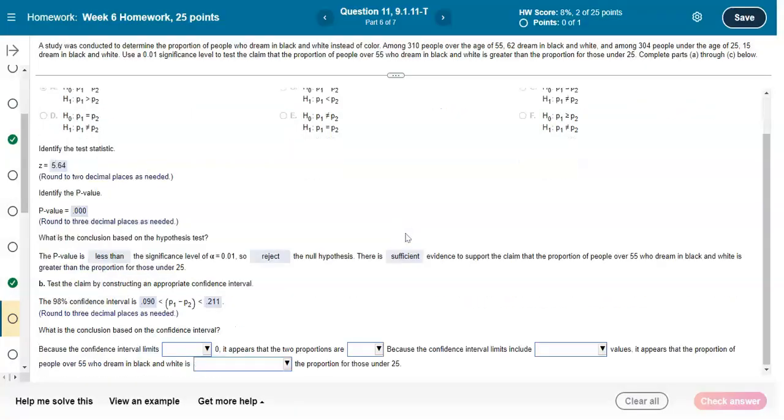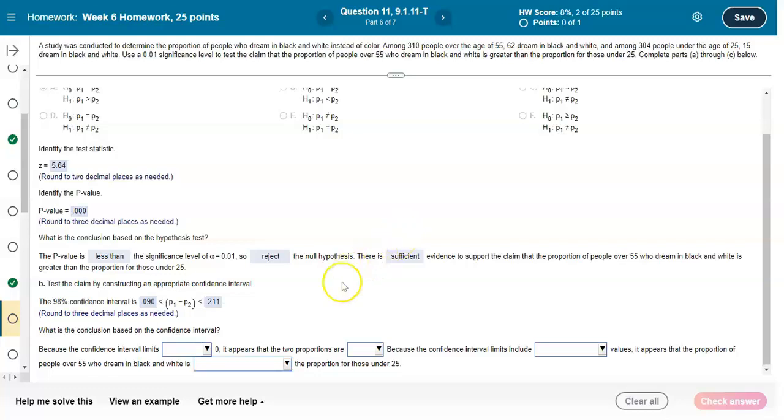So now we need to make a conclusion based on these results. So as a note, the results you get from your hypothesis test regarding whether you support the claim or not, it should be the same results that you get from your confidence interval. If you feel like you're getting a different conclusion with your hypothesis test versus with your confidence interval and you didn't change anything, then something went wrong.